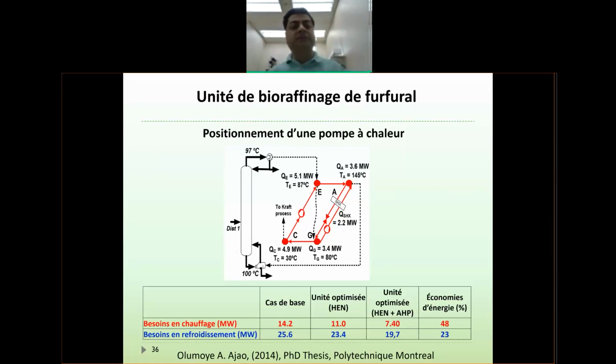Capex is about equipment, but operational expenditures are related mainly to chemicals that you have to use and utilities. The most important utility is energy. How much energy do you need for the system? If you minimize your energy, then you are good to go.